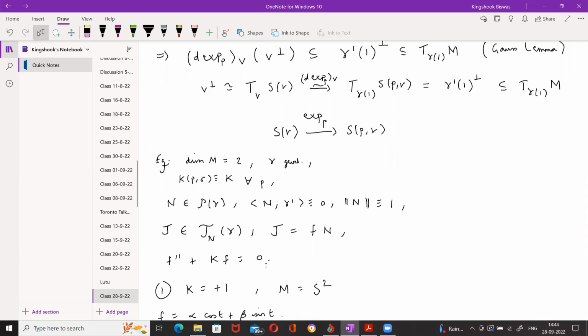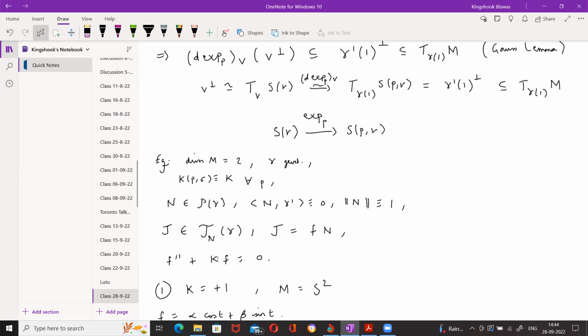Here I took k to be constant, but we can also think about the general case of variable curvature. Then k will be a function of t.